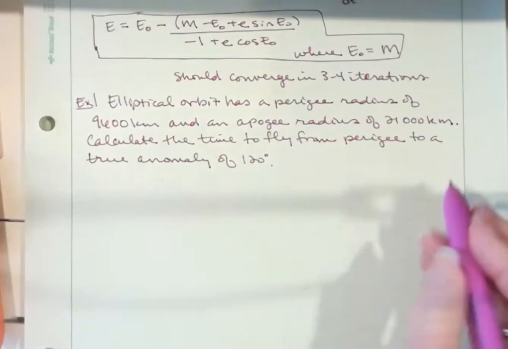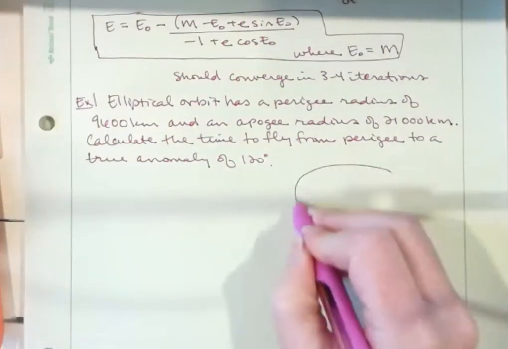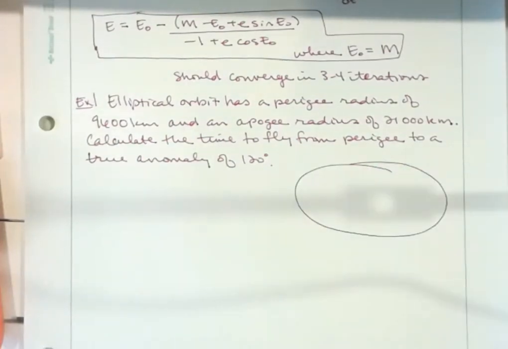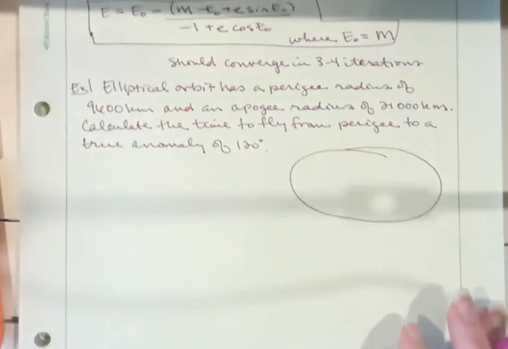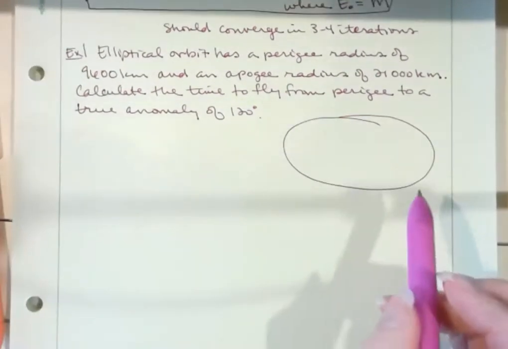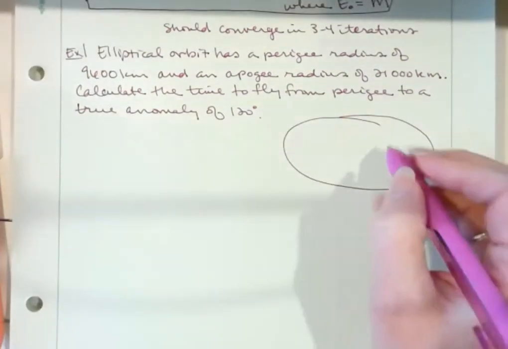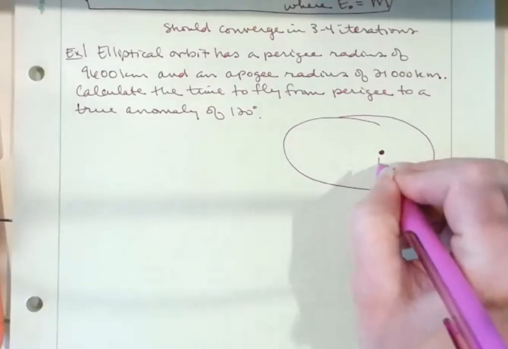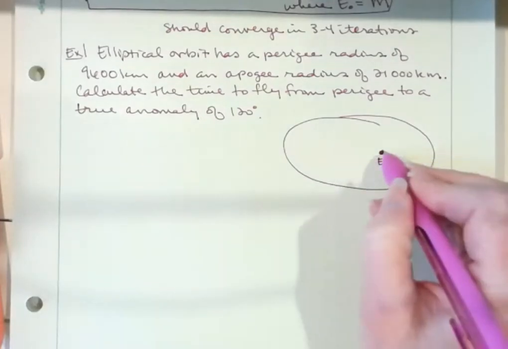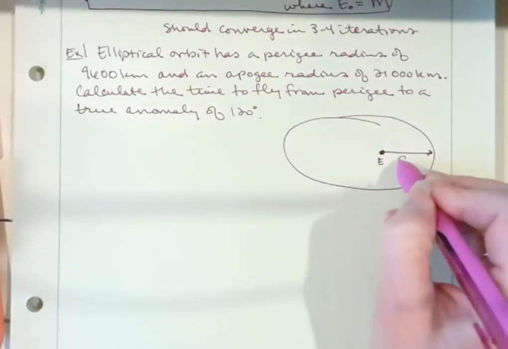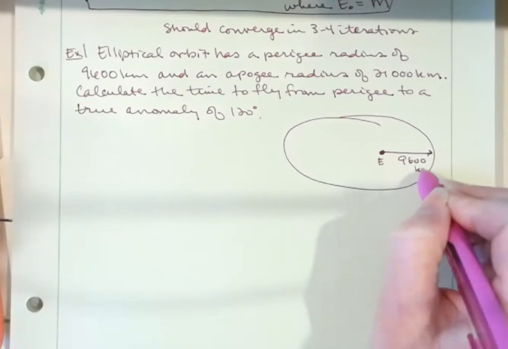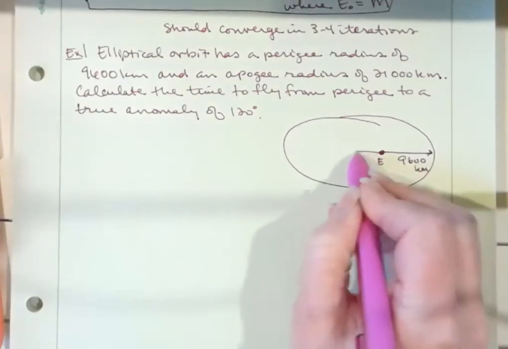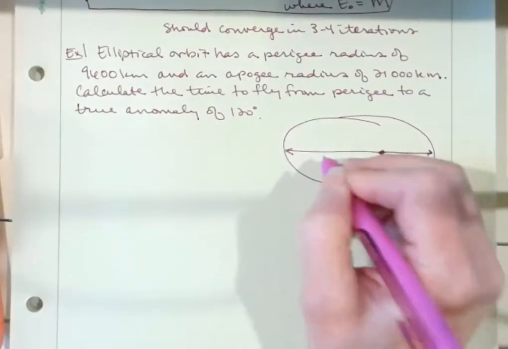So now let's draw a picture of this. So there's an ellipse, not a very good ellipse, but it'll work. It tells us the perigee radius. Let's just say here's Earth. So perigee radius would be right here. This is 9,600 kilometers, and apogee radius is over here.